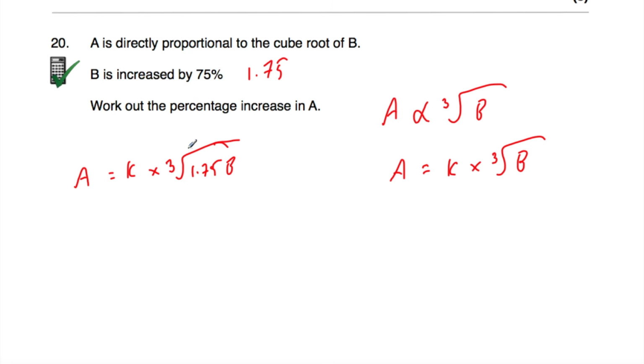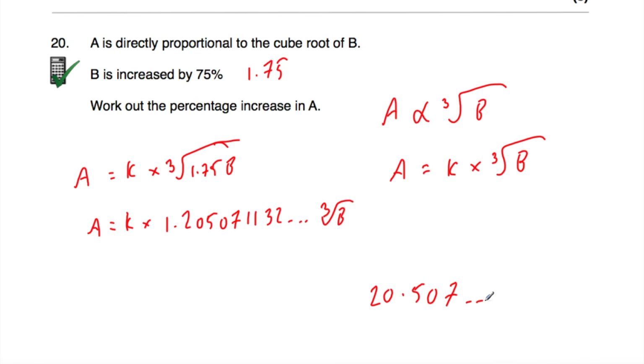What I'm going to do is work out the cube root of 1.75 and then the cube root of B. So A is equal to K times the cube root of 1.75, which is equal to 1.2050711132 and so on, and then the cube root of B. As you can see, the only difference when we increase by 75% is this multiplier. So the overall percentage increase in A would be 20.507 and so on percent.